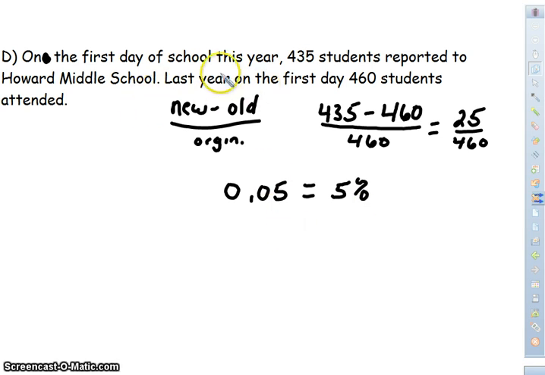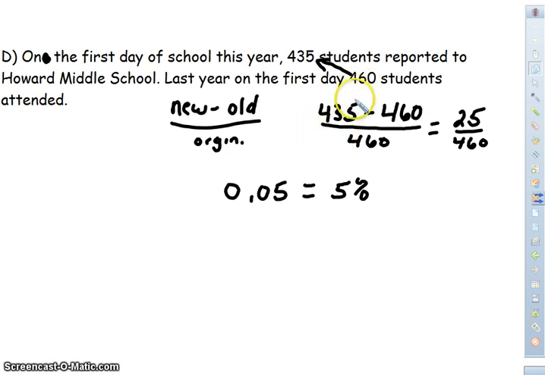And is that an increase or decrease? Well, since this is the first day of school this year, 435 reported. Last year was 460. Since last year was 460 and we're going to this year, we're going in this direction. That's the difference.